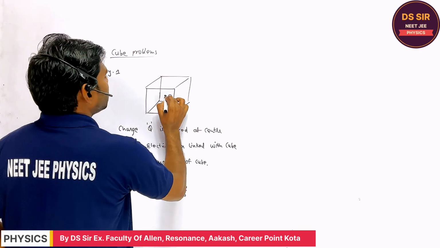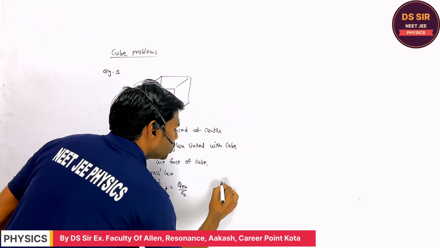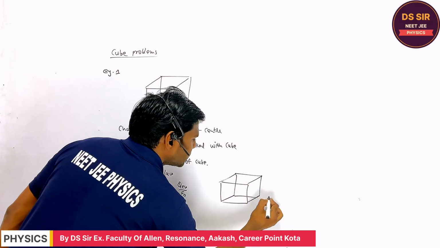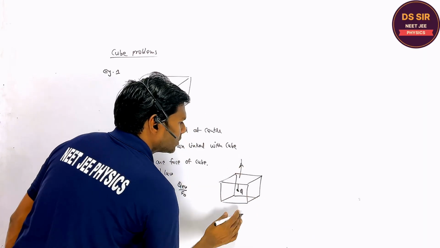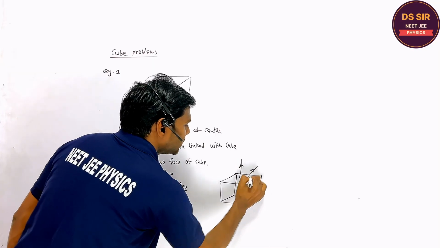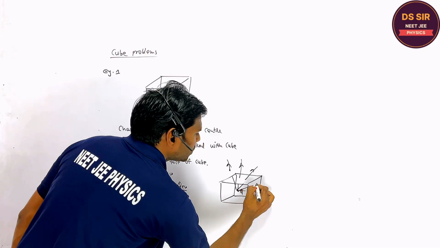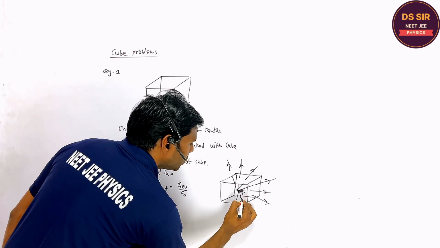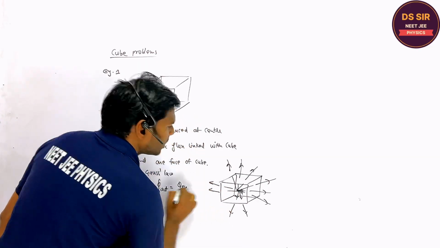what? Listen, if you consider this is the cube, and this is the charge capital Q, the flux is coming out like this. Is it clear? From this face also the flux is coming like this.